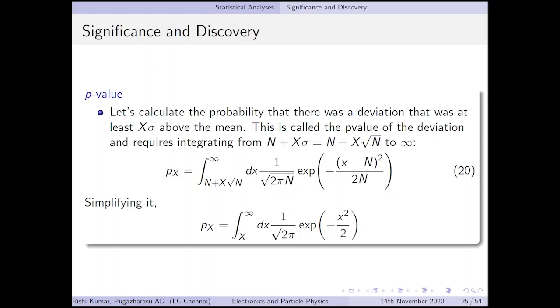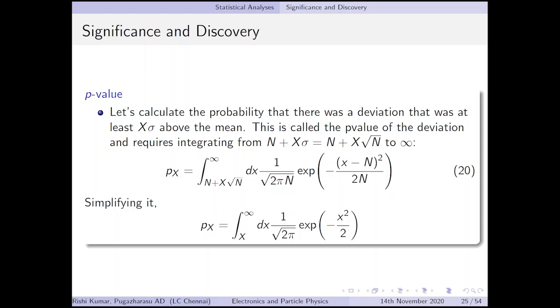So this is called the p value of deviation and requires integrating from n plus x sigma, where x can be 1, 2, 3, which is equal to n plus x root n, to infinity. So p(x) is just simply this integral dx of this expression.